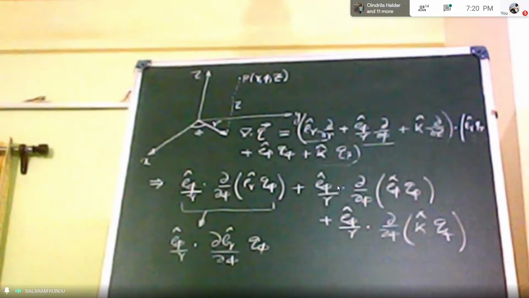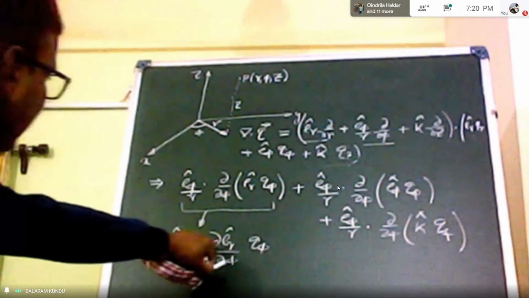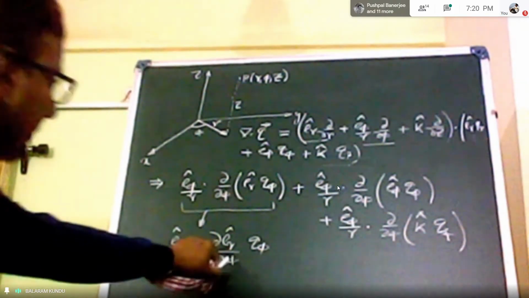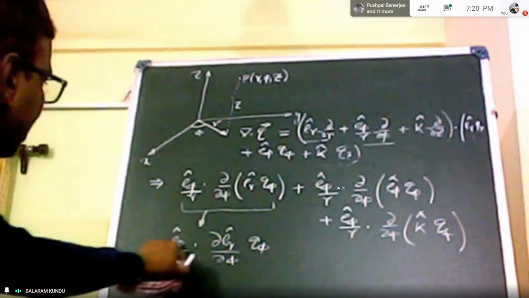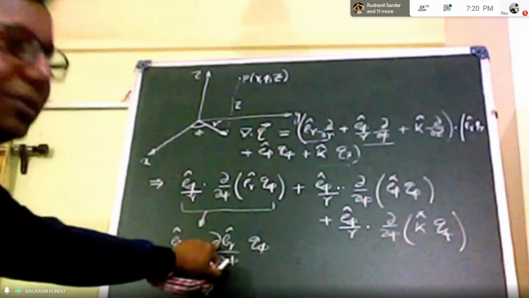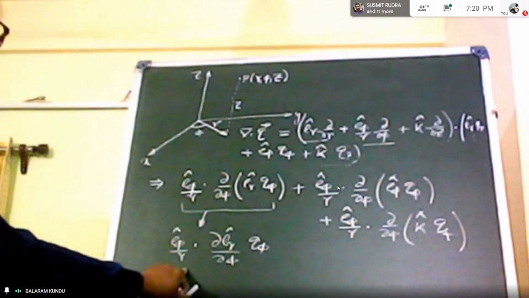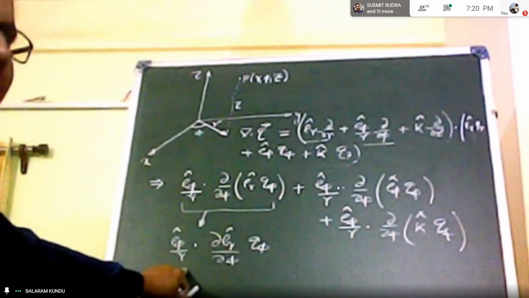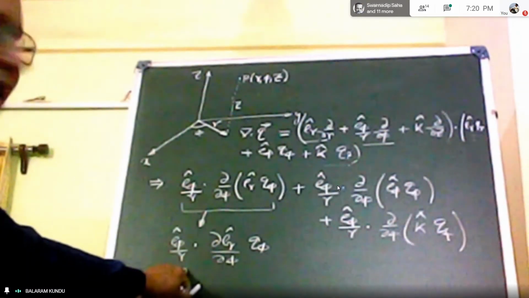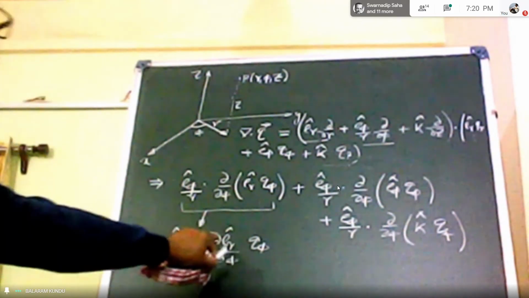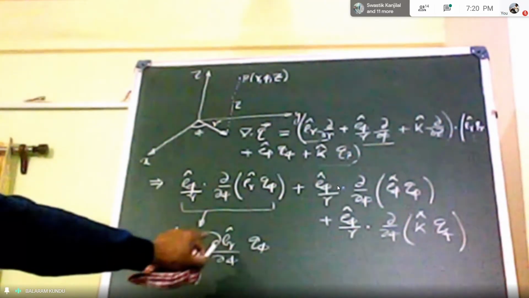So we have to check whether this derivative equals e_phi or not. If it is e_phi, then e_phi dot e_phi will be 1, and then we will get q_phi by r. That means checking is needed. And only if we know the exact expression of e_r is it possible to say whether this term is 0 or not.